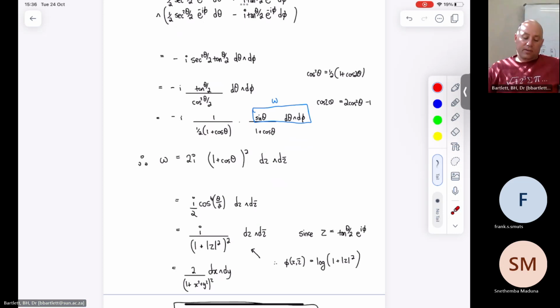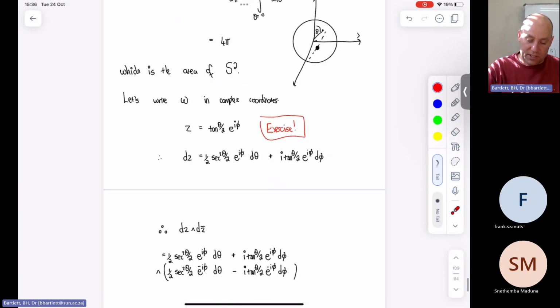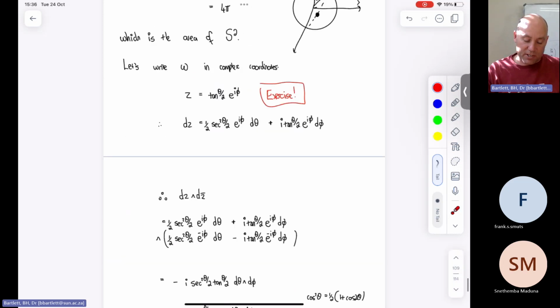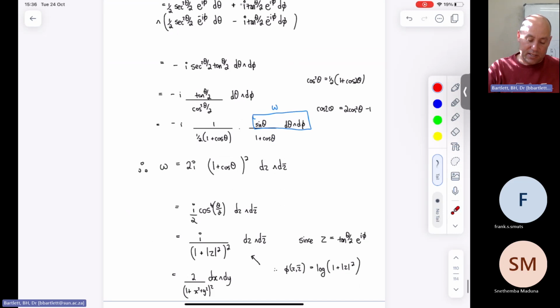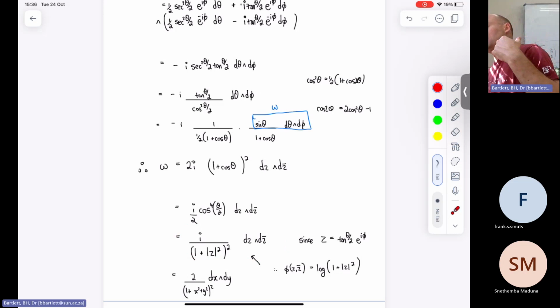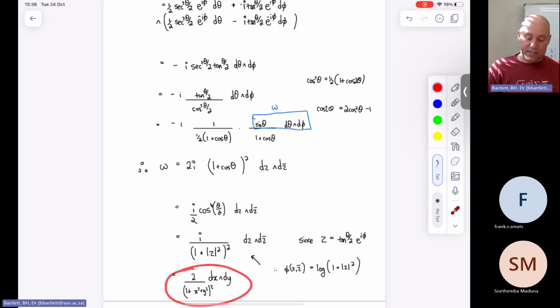So the conclusion is that my fundamental form, which was originally expressed like this in terms of the real coordinates, the theta phi coordinates, could be expressed in terms of the holomorphic coordinates like this. If I want to express it in terms of the real and imaginary components of those holomorphic coordinates, then you'd get something like this, because z is x plus iy.